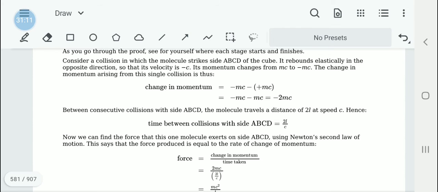Between consecutive collisions with side ABCD, the molecule travels a distance of 2L at speed c. Hence, the time between collisions with side ABCD equals 2L upon c.